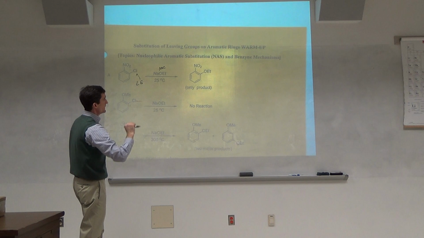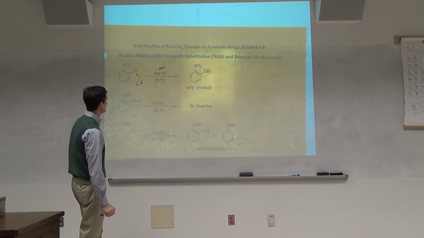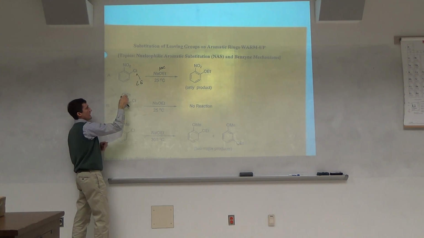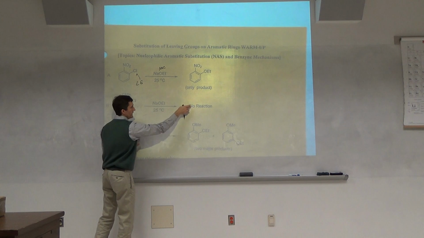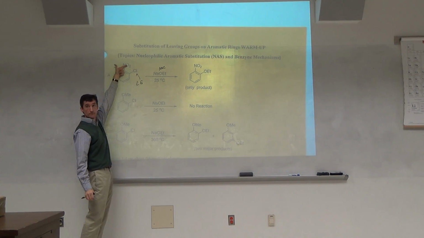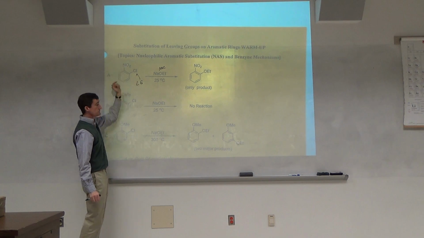We'll also see another mechanism called benzyne. Interestingly though, if you try to do the same reaction except instead of nitro, with methoxy, it doesn't react. That implies that the nitro is very important. Okay?